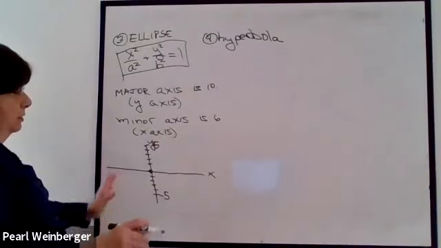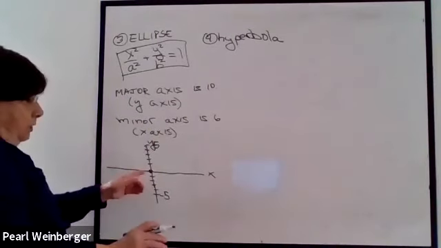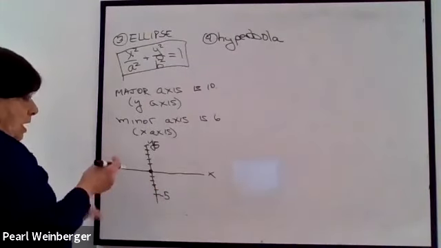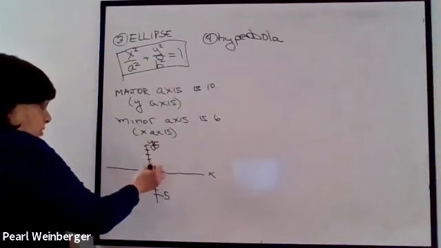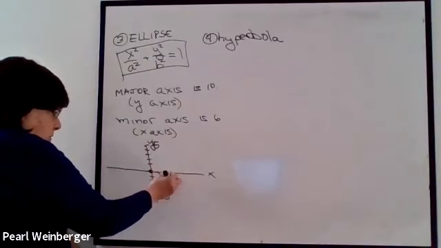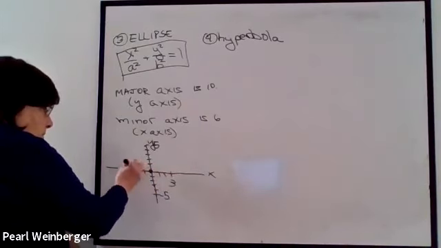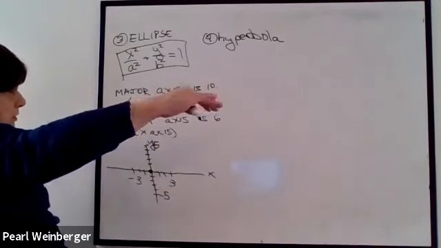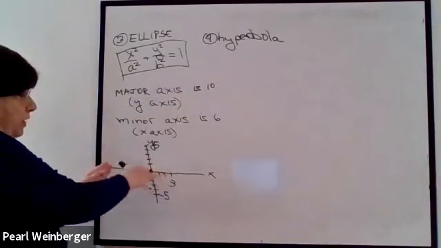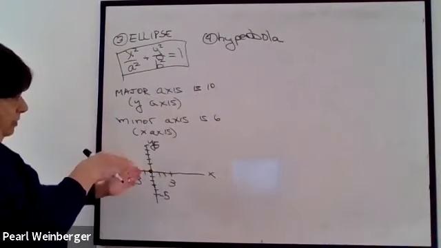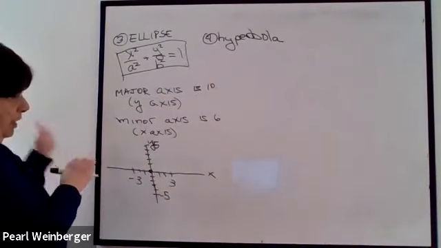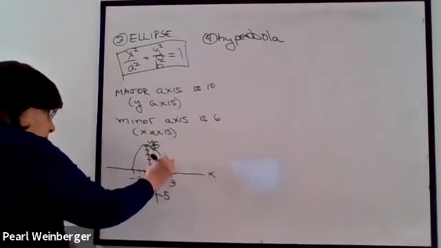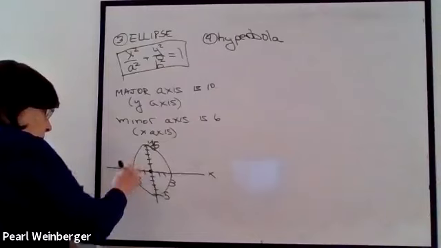The minor axis is 6, and that's horizontal because it's along the x-axis, and that means it's going 3 to the right and 3 to the left. Because again, the minor axis being 6 is telling you the length of the whole thing, so from the center, it goes half out to the right and half to the left. So our ellipse is going to look like this.